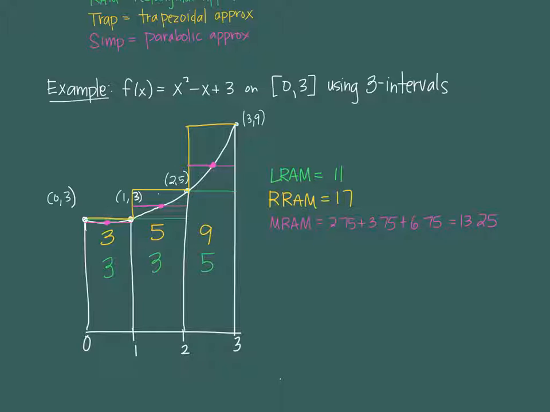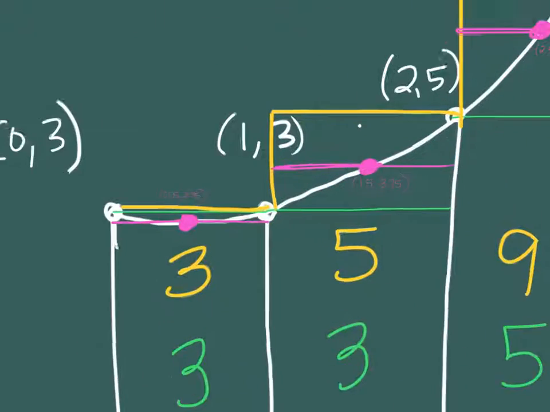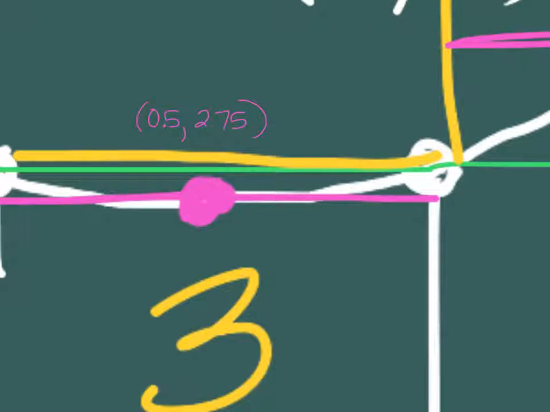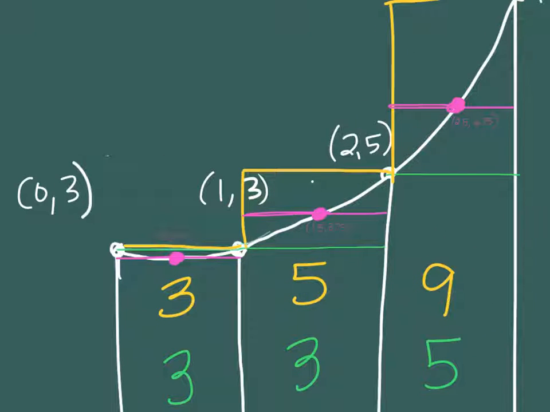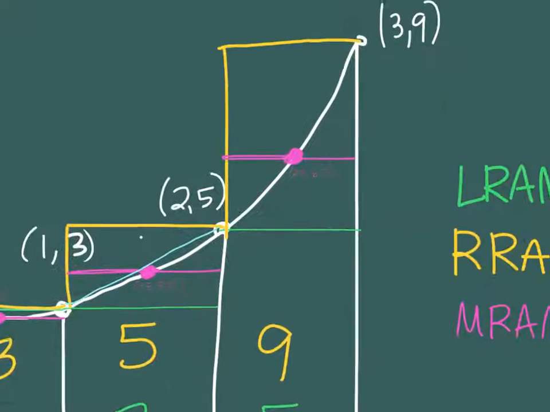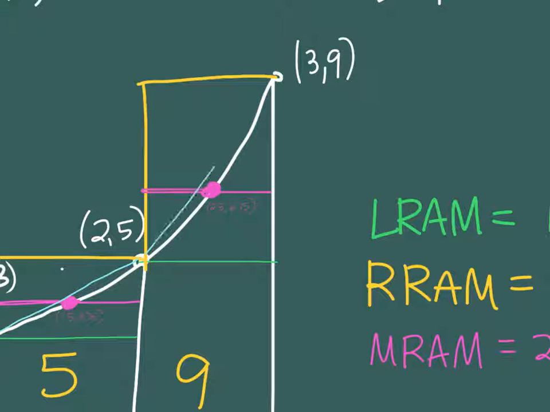All right, so the last one we're going to do is trap. For trap, what's interesting about the first one? It's still a rectangle because for trap you connect the endpoints. So for trap I'm still just going straight across. But for my other ones, trap will connect the endpoints here and here.